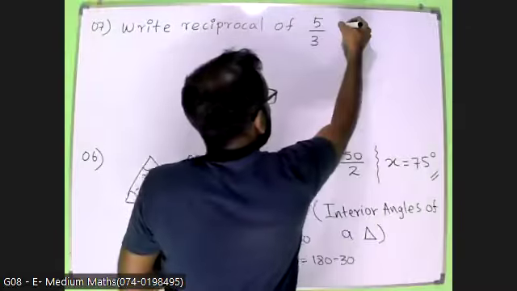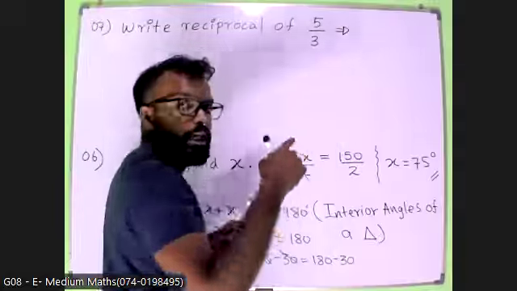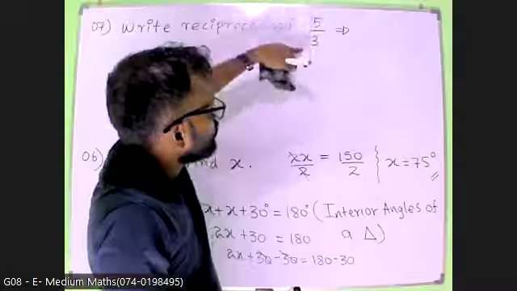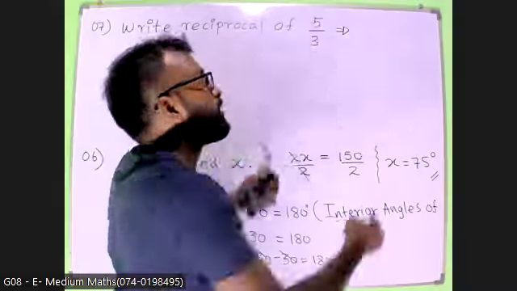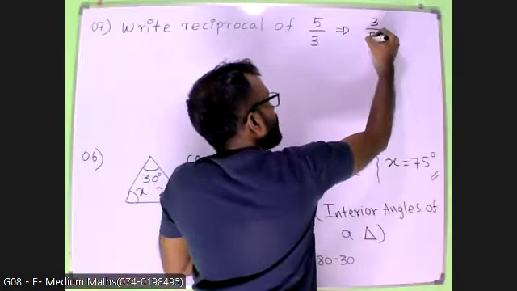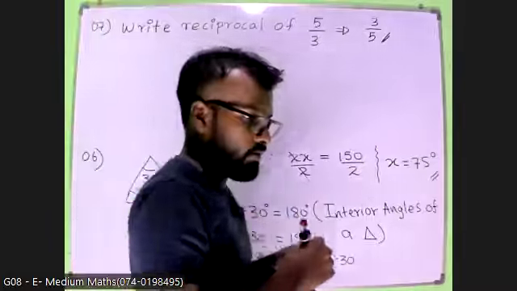So the answer will be what? You have to change it upside down, right? Numerator goes to the denominator, denominator comes to the numerator. 5/3 becomes 3/5. So your final answer should be 3/5. This is the reciprocal of this. Okay? Right.